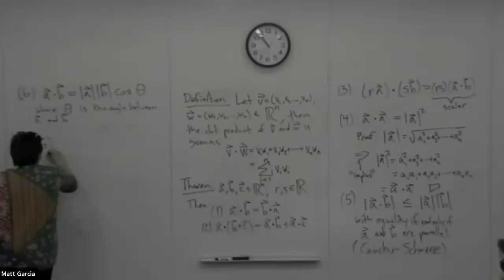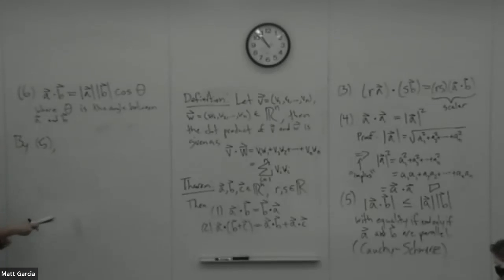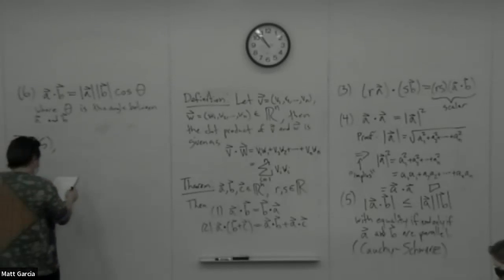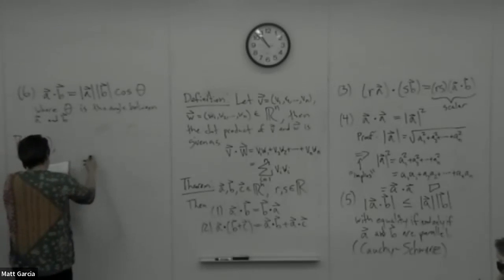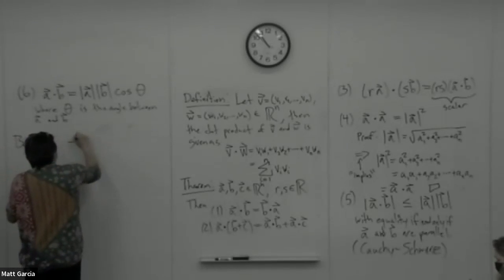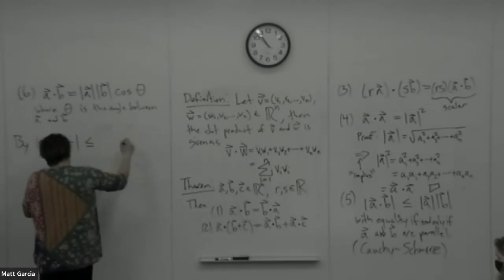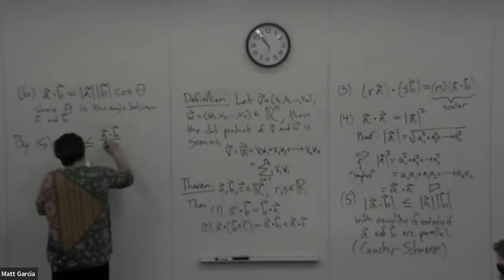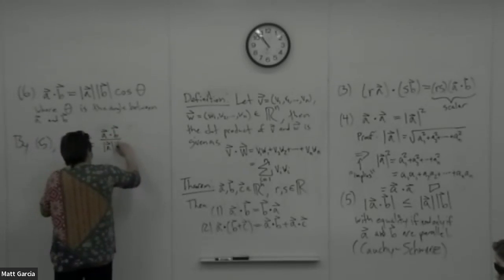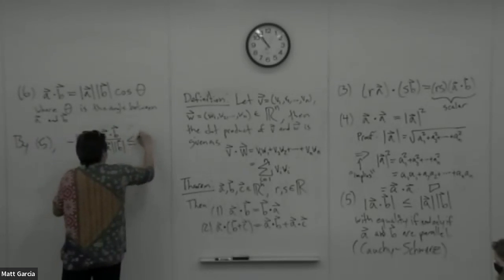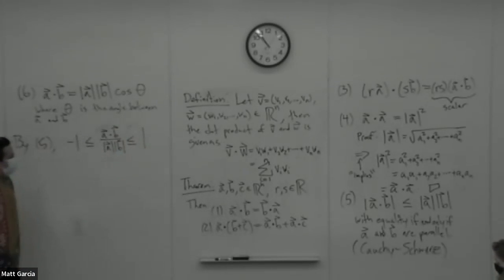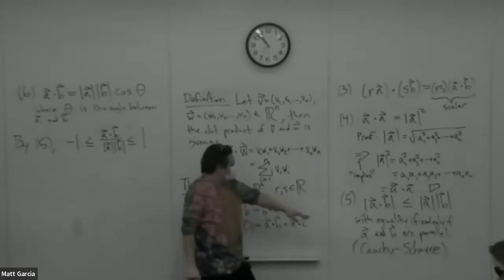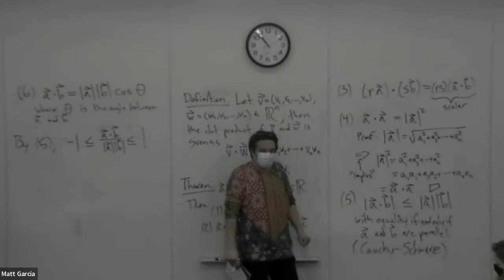By property 5, here's one thing that you know. We have the following string of inequalities. I've taken property 5 here, right?